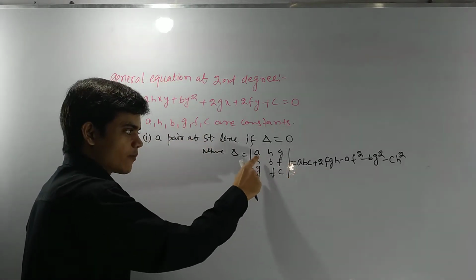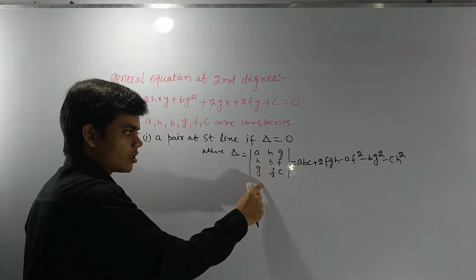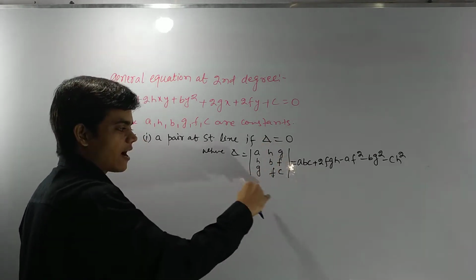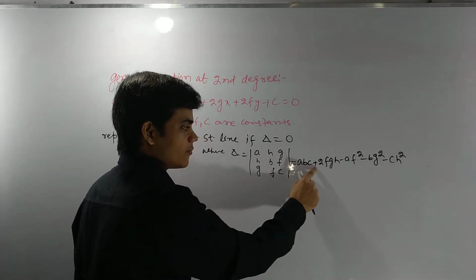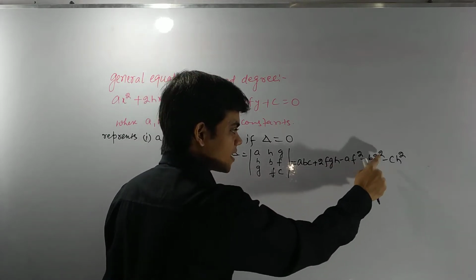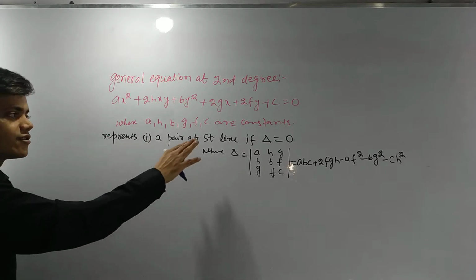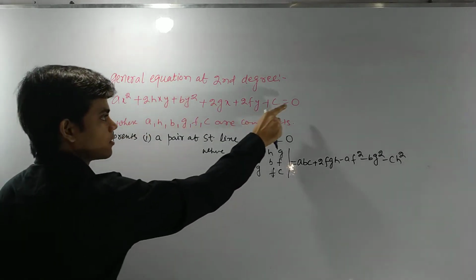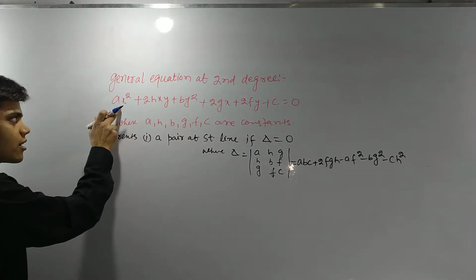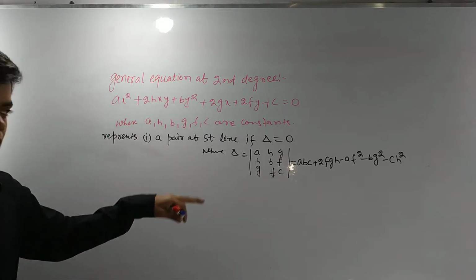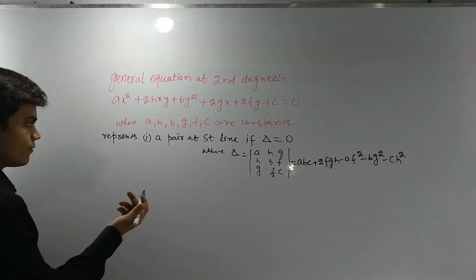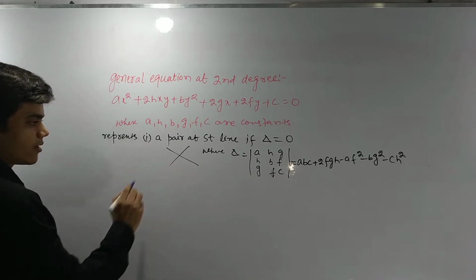It is very easy to remember AHG, HBF, GFC. So if this delta is 0, then this general equation of second degree represents a pair of straight lines.